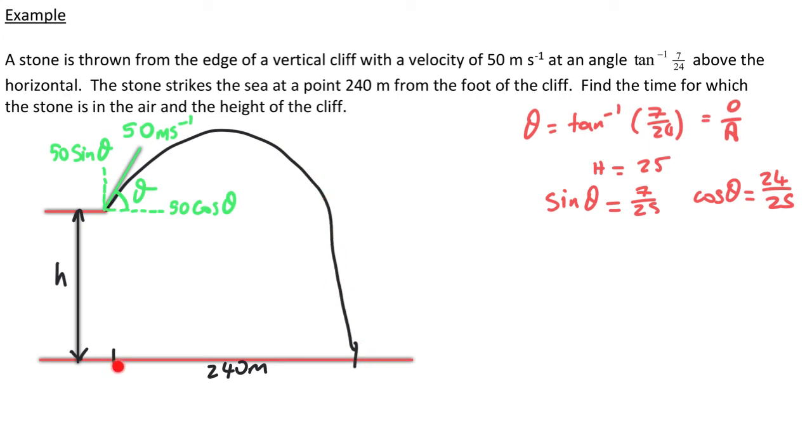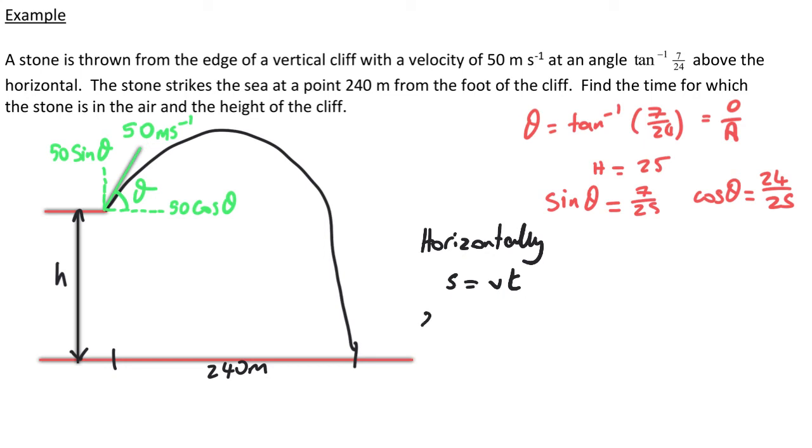Now we know the distance travelled from the base of the cliff to the point where the stone hit the sea is 240 metres, and then we've got all this information about theta. So if we use the range of 240 metres, we can look horizontally and use S equals Vt to work out the time that it's in the air.